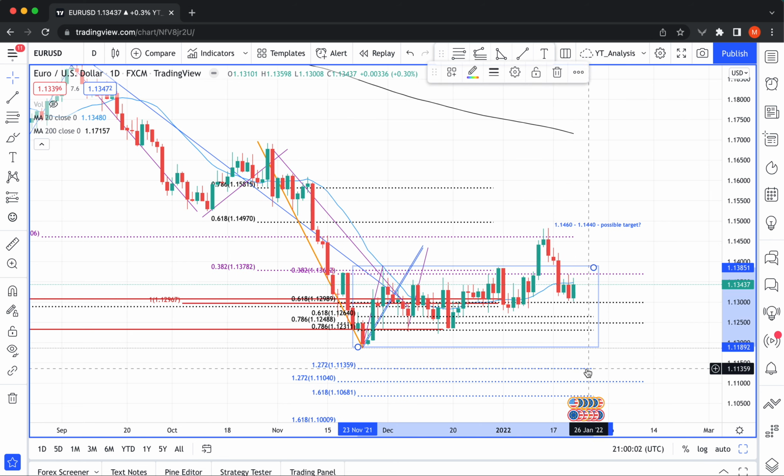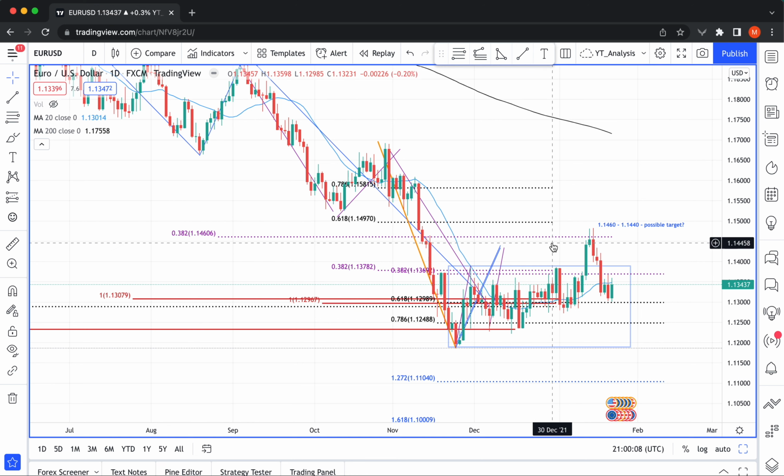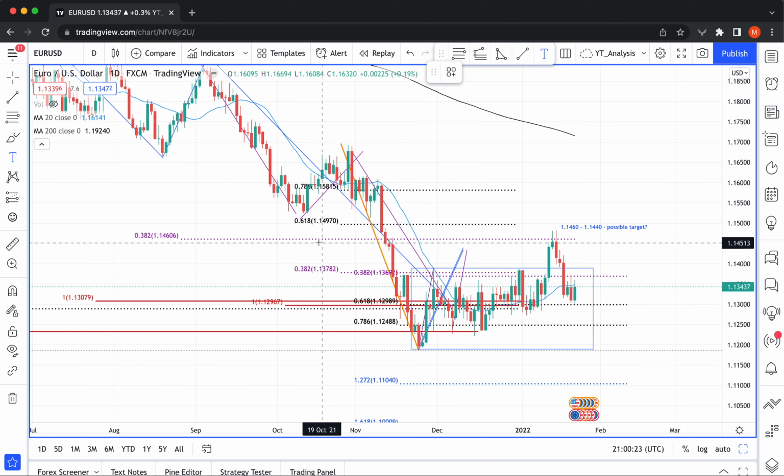So we had been looking at possibly for the price to reach this 1.1460 level for quite some time, and finally the price was able to do that. And you can look at our previous videos for why we believe that this was the level.